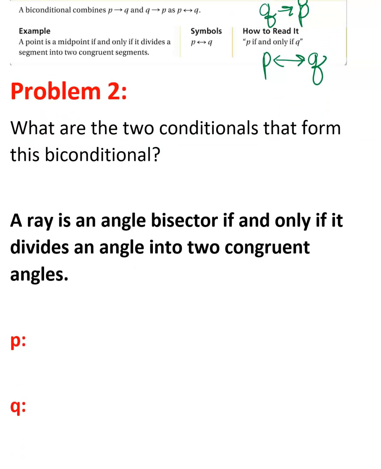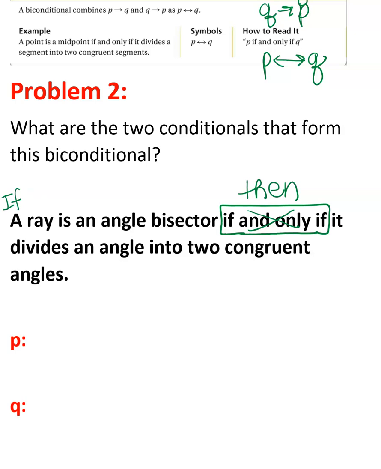What are the two conditionals that form this biconditional? So what we're going to do is take out the if and only if, replace it with then, and we're going to put an if at the beginning and make sure it makes sense.